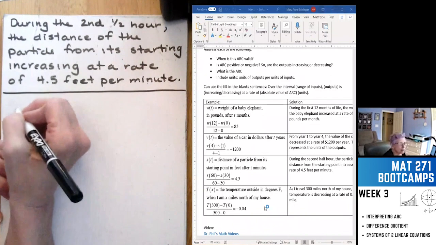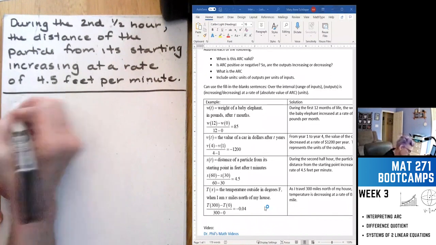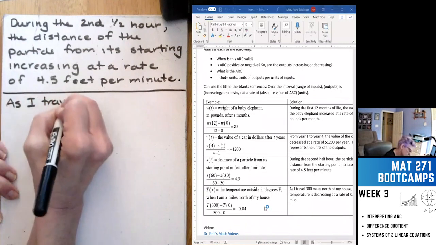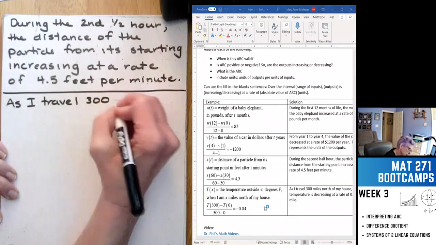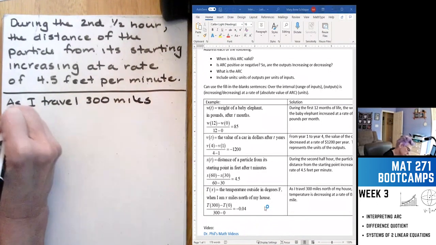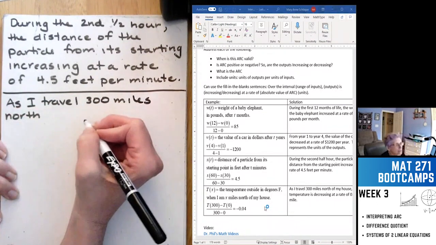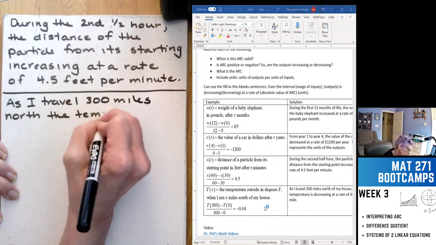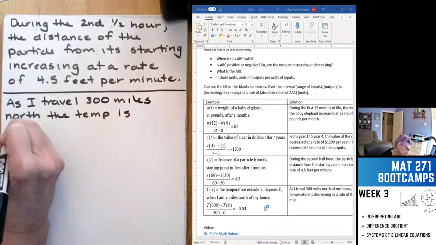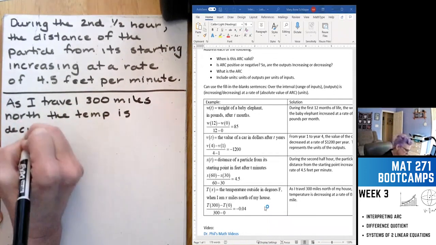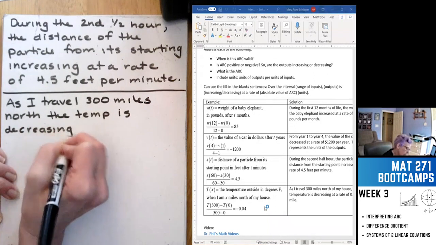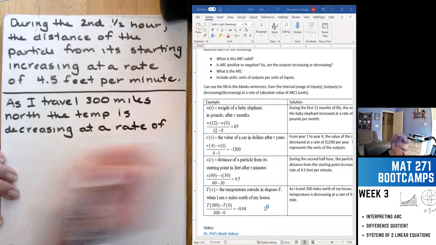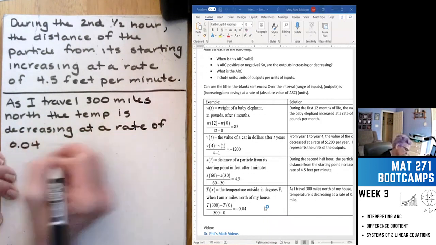That means as I travel 300 miles north of my house to see my daughter, the temperature is decreasing, because it's a negative sign, at a rate of 0.04.